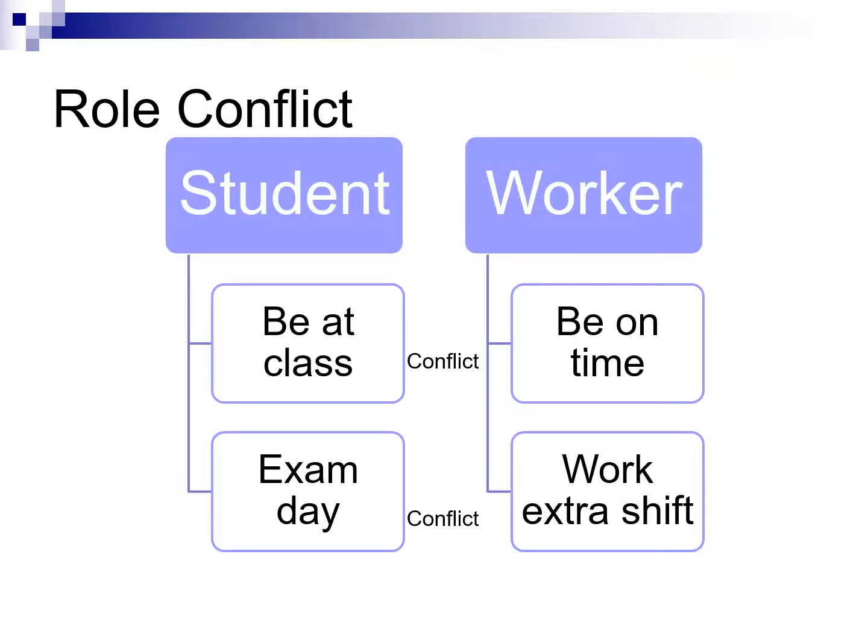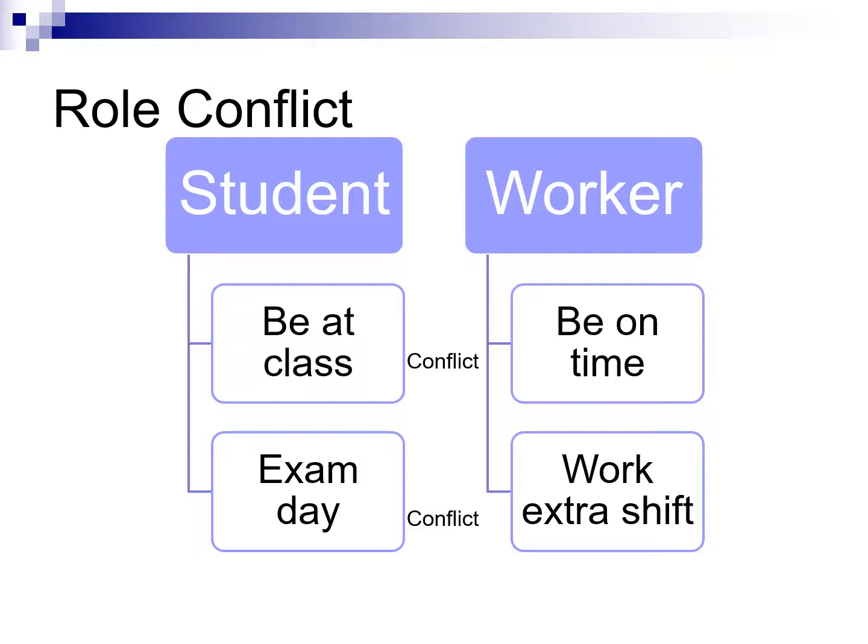Role conflict is another term that sociologists use, but it's a little bit different. It involves two different statuses, two different positions that you occupy. And again, I'm sure this is a familiar one for you, that you are a student, but you're also a worker, right? So you have a set of different role expectations for every status. As a student, you're expected to be at class.